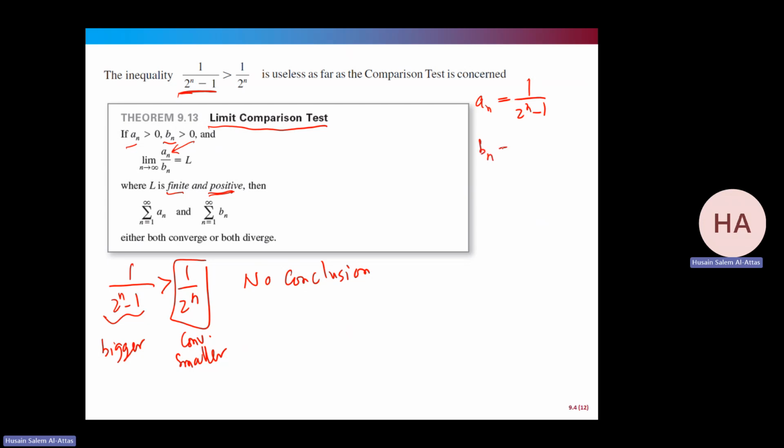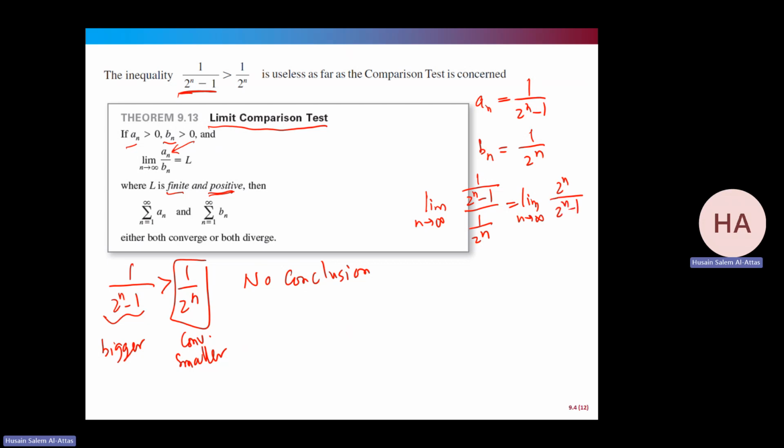I take another series, I choose this series. Now check the limit as n goes to infinity of an over bn.